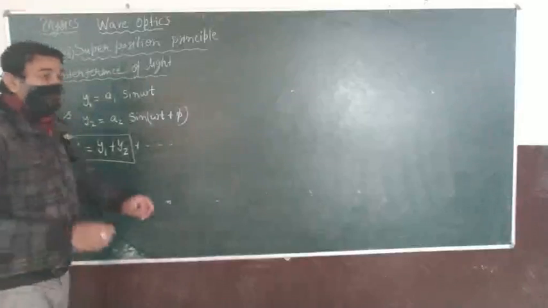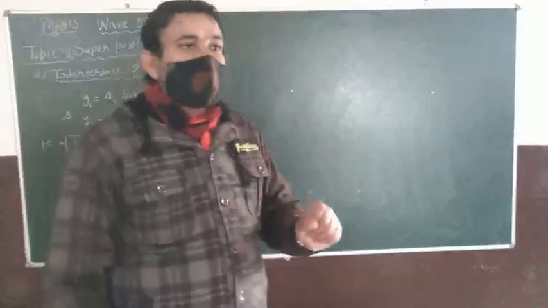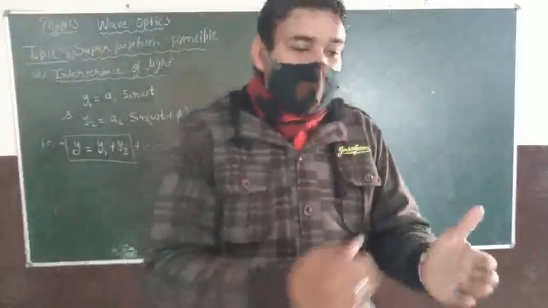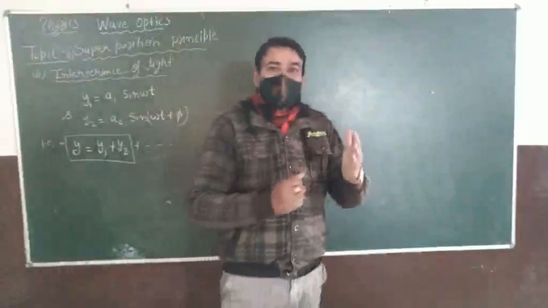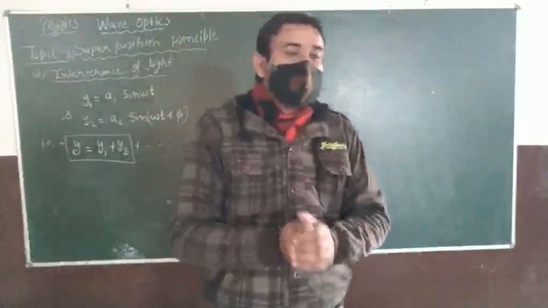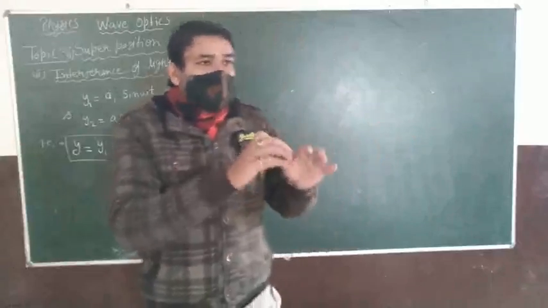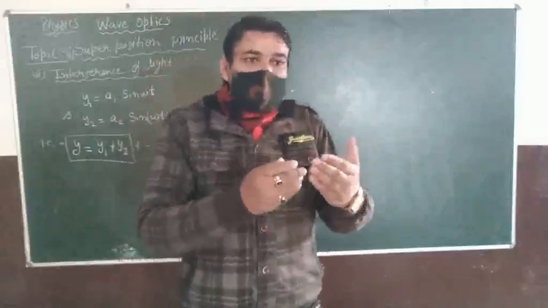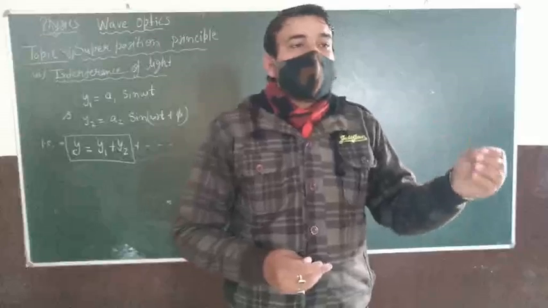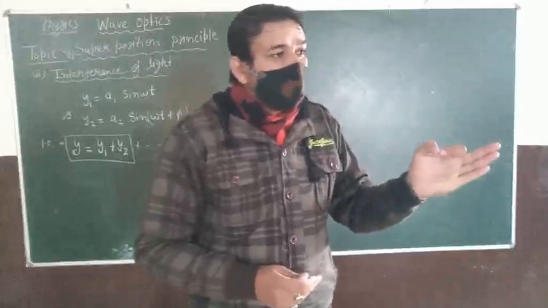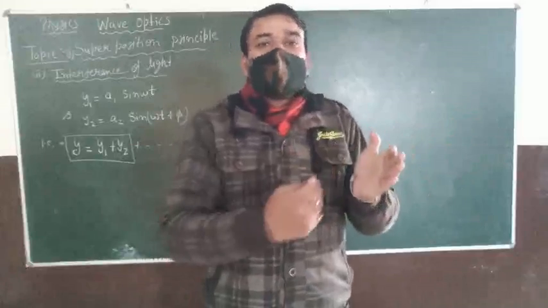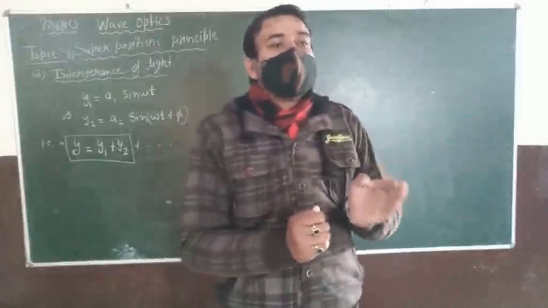Let us understand what interference of light is. Suppose we have a monochromatic or coherent source and light is emitted from it. It is observed that at some points the intensity of light is maximum and at some points the intensity of light is minimum.